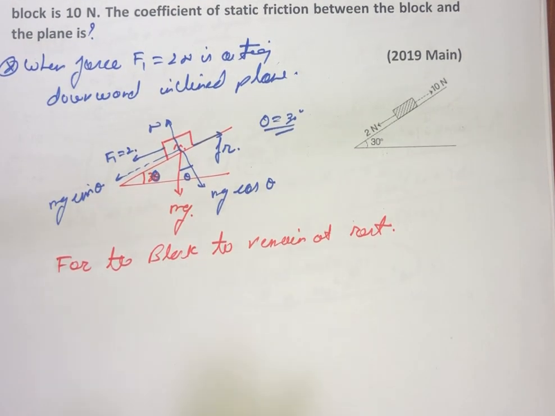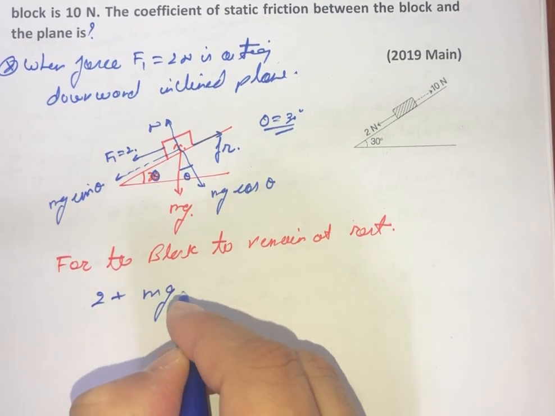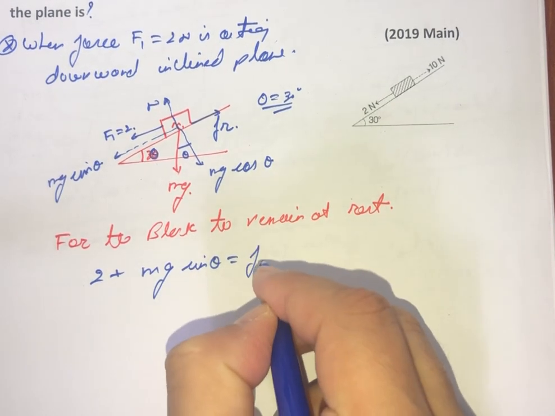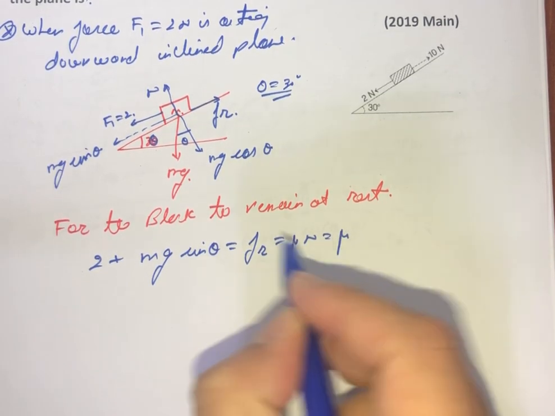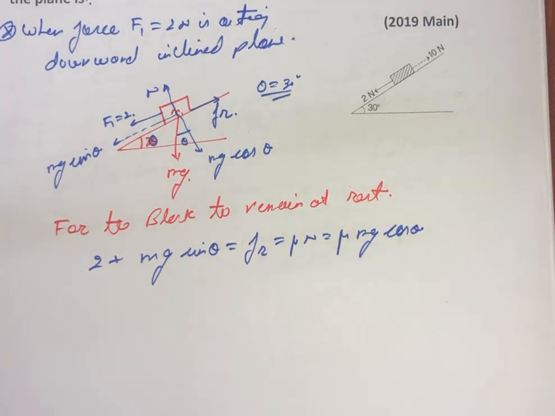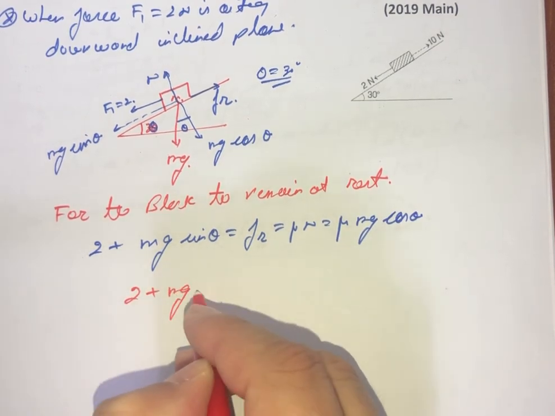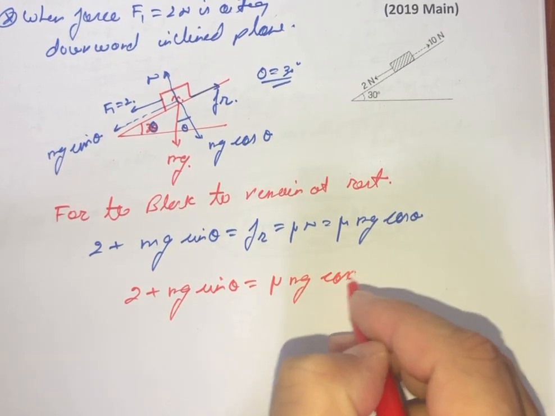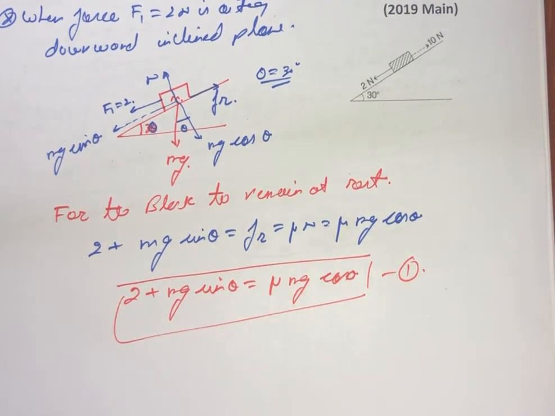So downward force, which is 2 plus mg sin theta, is equal to upward force, which will be equal to Fr, and Fr is mu N. N is given as mg cos theta, so we can write this equation as 2 plus mg sin theta is equal to mu mg cos theta. Let us call this equation 1.